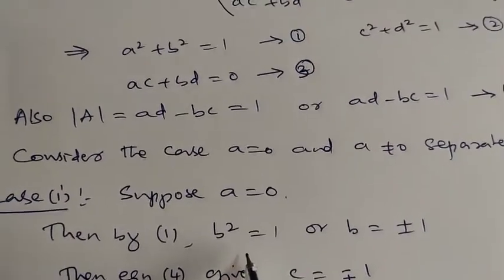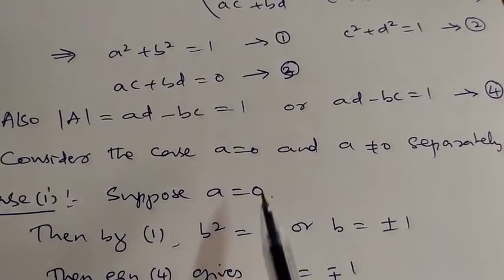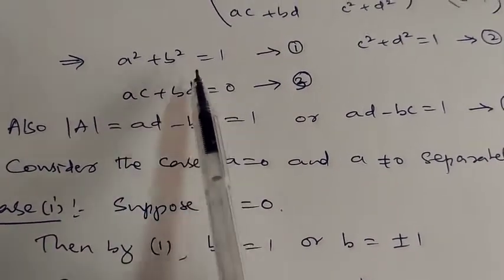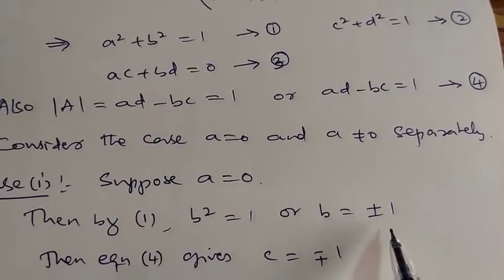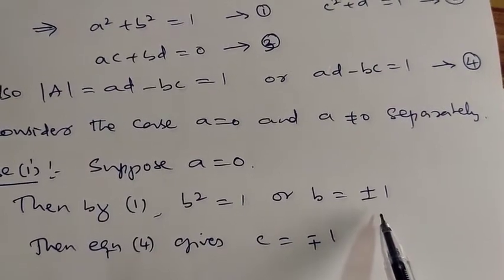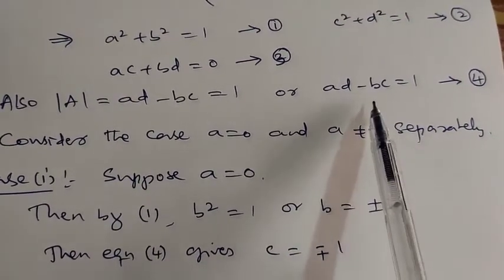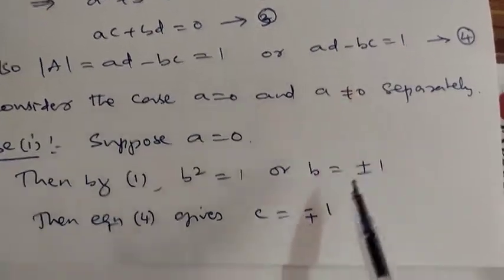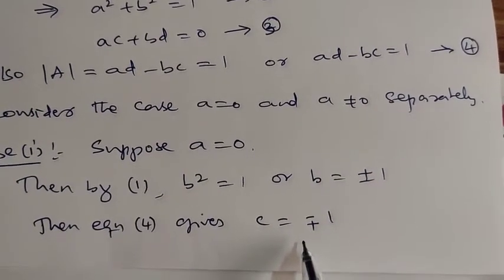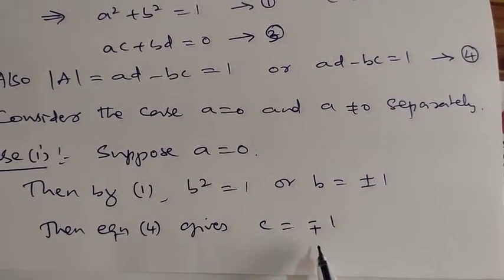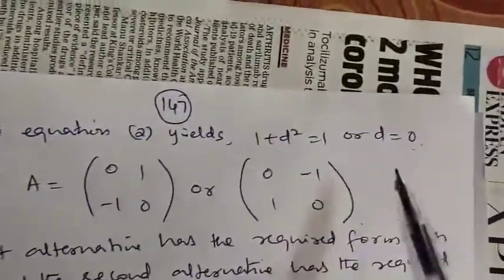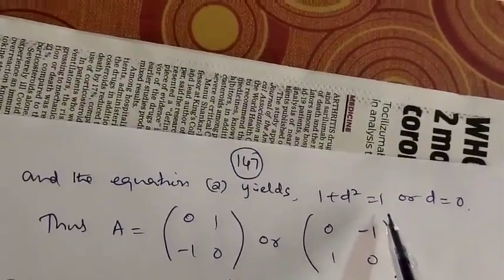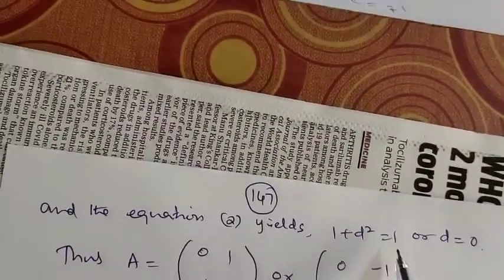Then by equation 1, b square becomes 1, which means b is equal to plus or minus 1. If b is equal to plus or minus 1, then equation 4 gives c is equal to minus or plus 1.